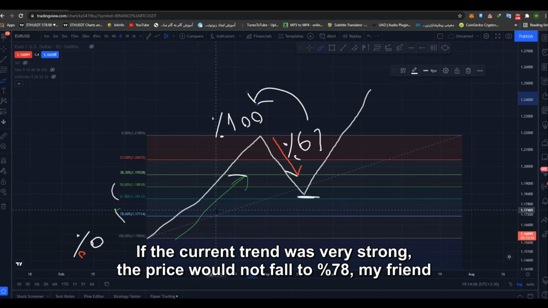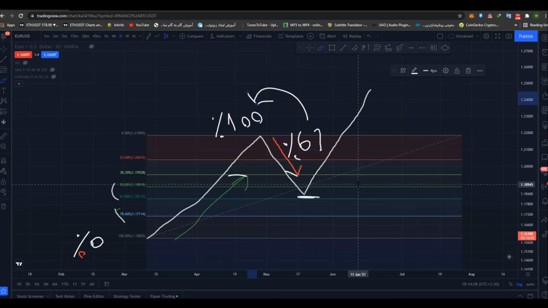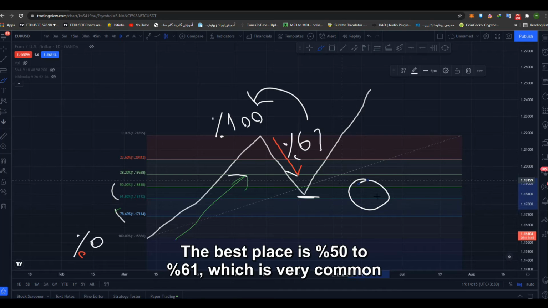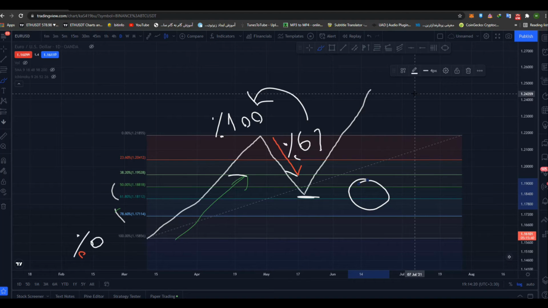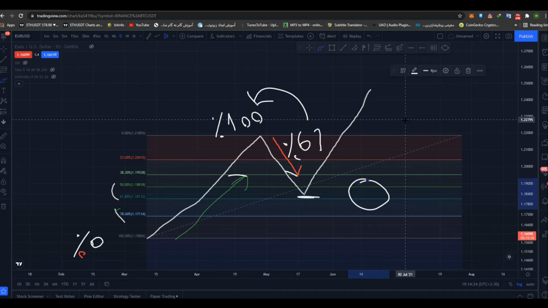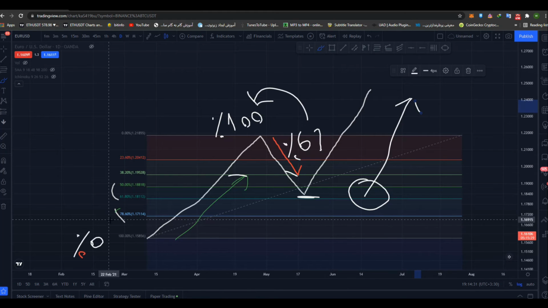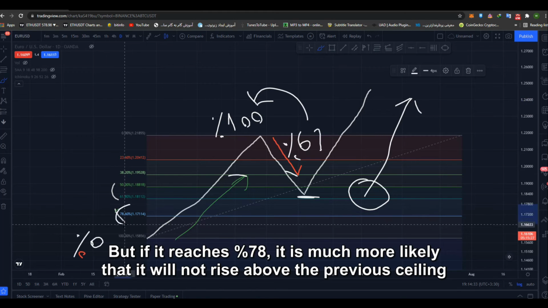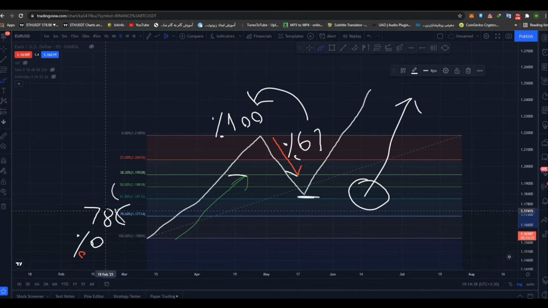If the current trend was very strong, the price would not fall to 78, my friend. The best place is 50 to 61, which is very common, which can create a new roof. But if it reaches 78, it is much more likely that it will not rise above the previous ceiling.